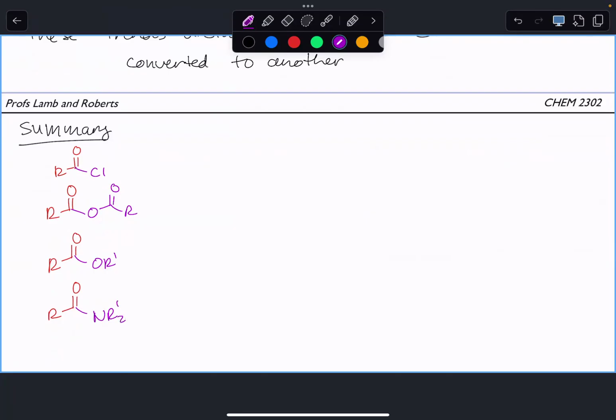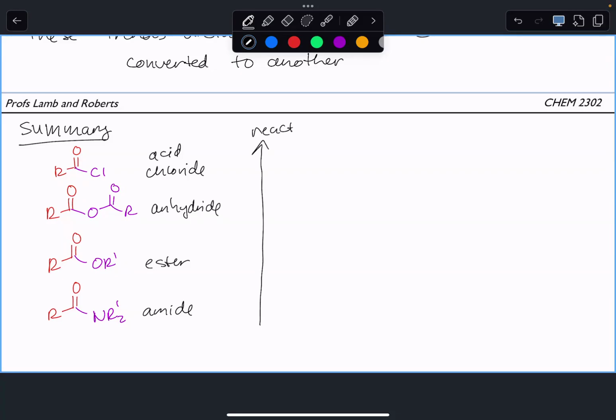Just label them acid chloride, anhydride, ester, amide. Okay, so we said going up this chart, we have our reactivity trend. So the most reactive is at the top. Going down this chart, we have our stability, where our most stable is at the bottom.